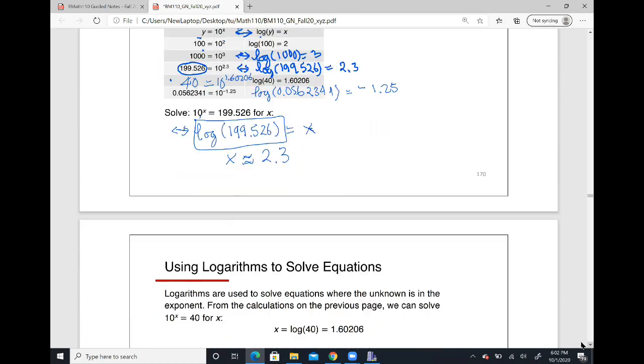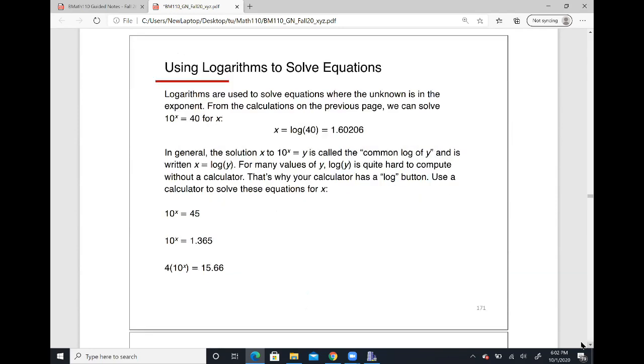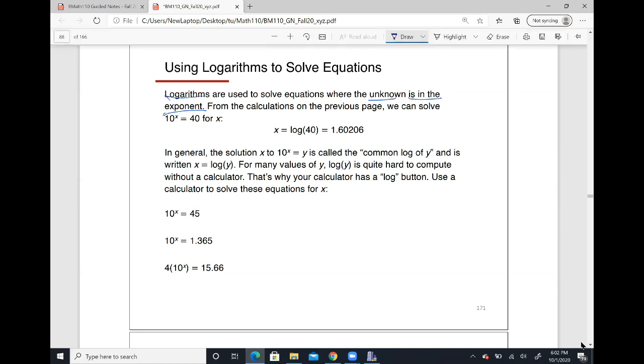So let's move down to see if they have something else. Okay, here is using log to solve equations. Logarithms are used to solve equations where the unknown is the exponent. So if you see the unknown is the exponent, you're going to use log easily.